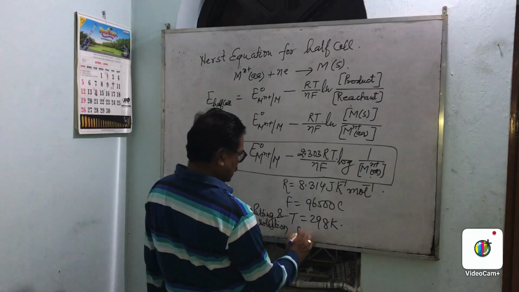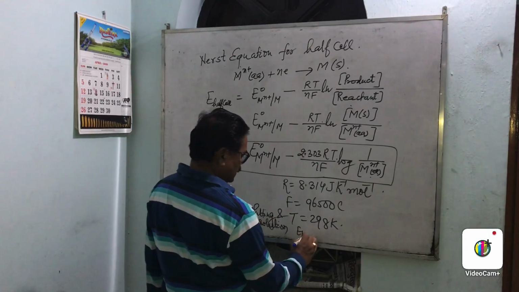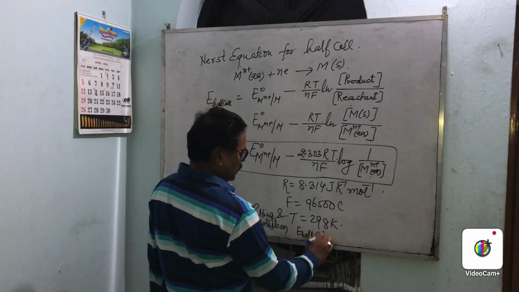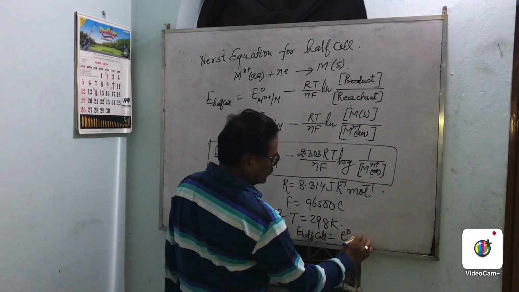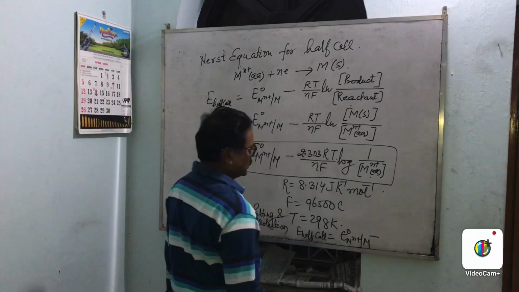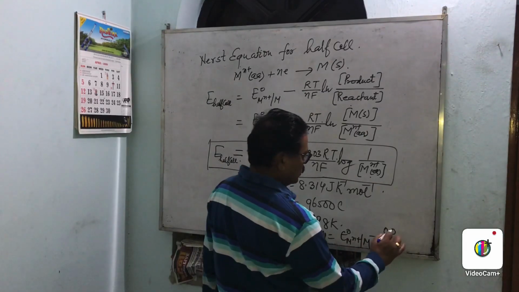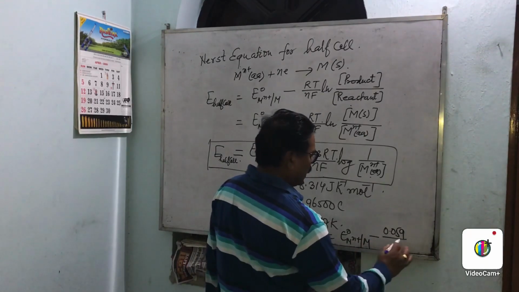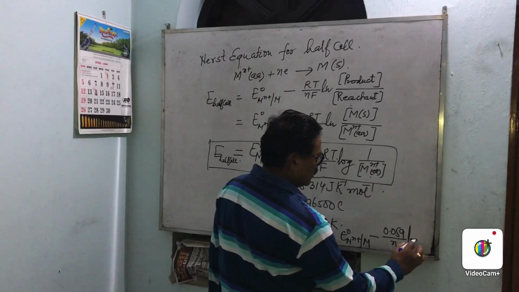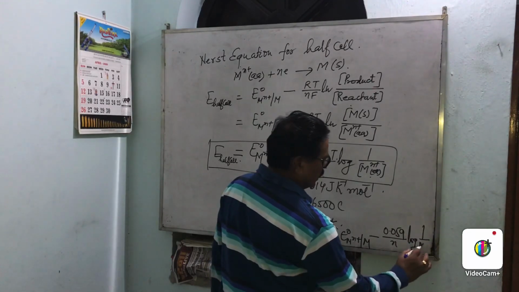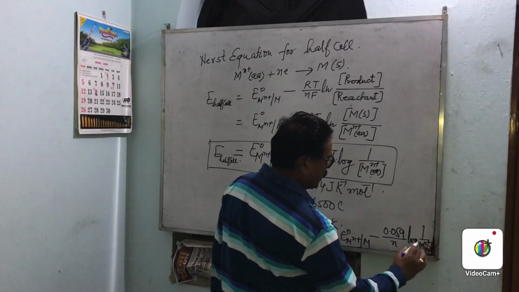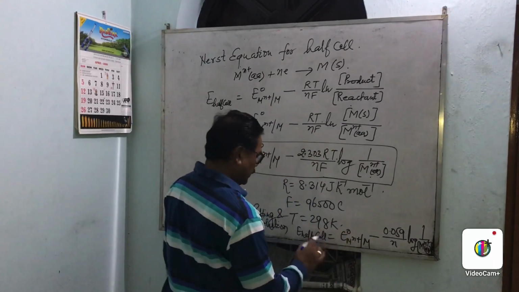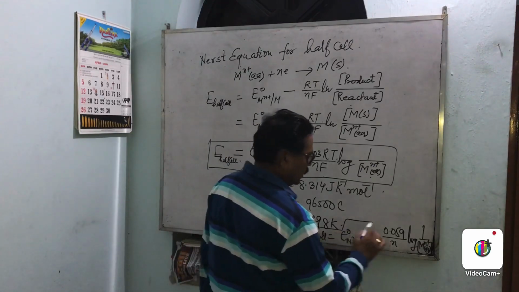that is E cell, that is the half cell, is equal to E0 Mn plus over M minus 0.059 by n log 1 by [Mn plus], because the active mass, this is the modified equation on putting the value.